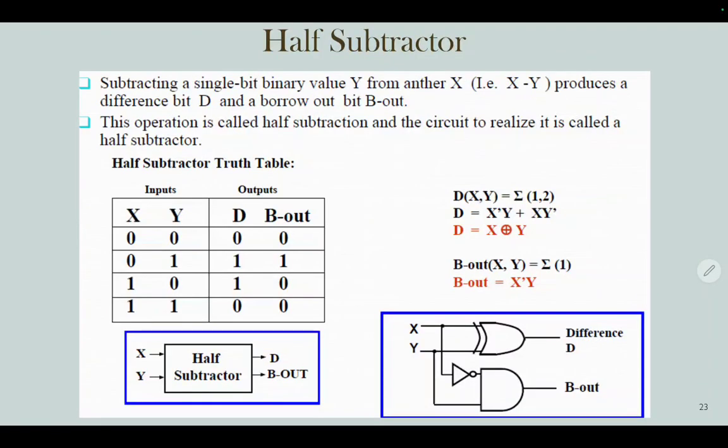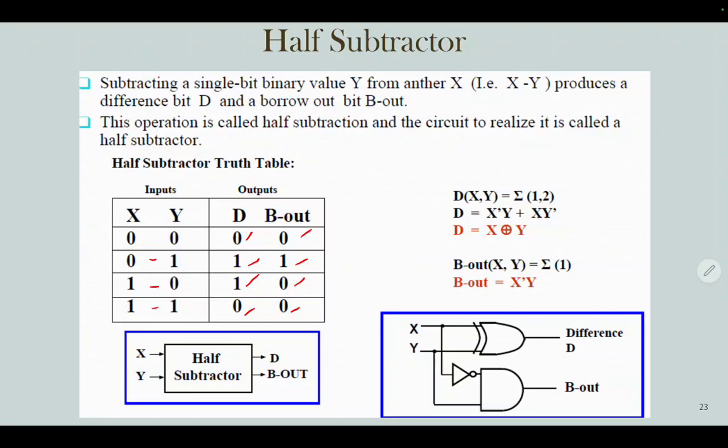Next is the half subtractor. What is a subtractor? A subtractor performs the operation of subtraction, which is minus. 0 minus 0 equals 0, no borrow. 0 minus 1 gives sum equals 1, borrow equals 1. 1 minus 0 gives 0, no need to borrow. 1 minus 1 equals 0, nothing to borrow.